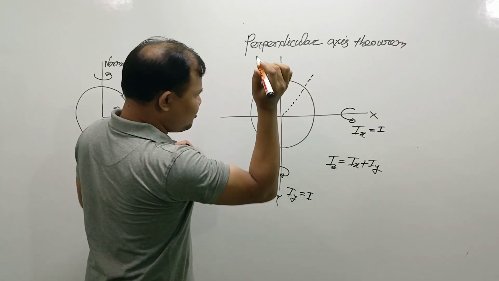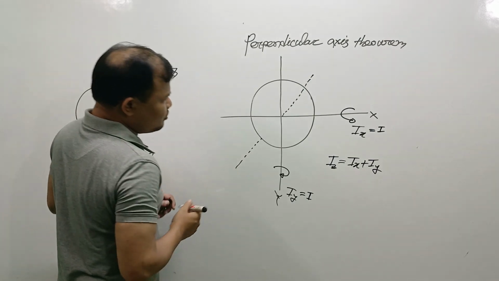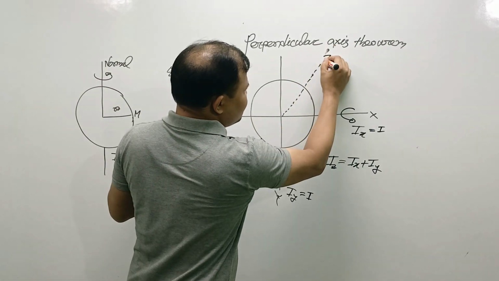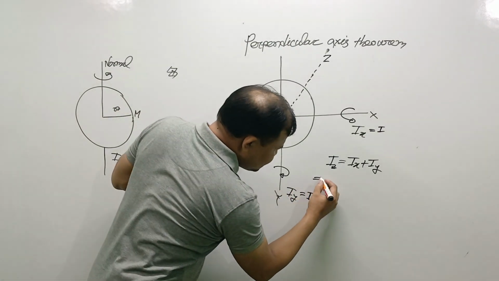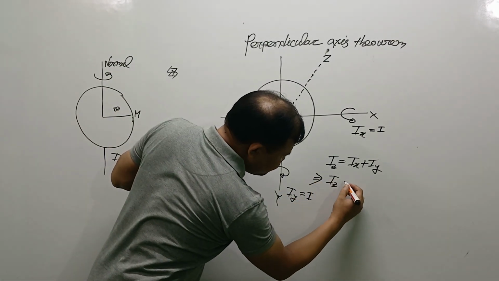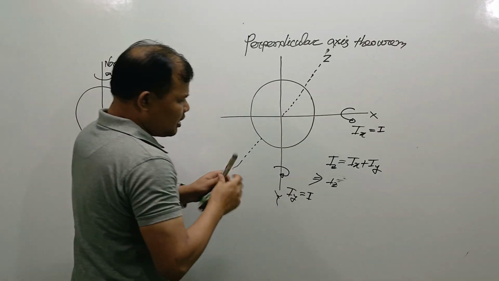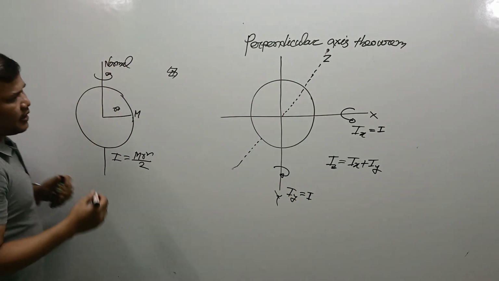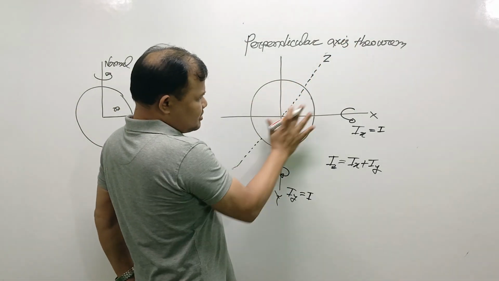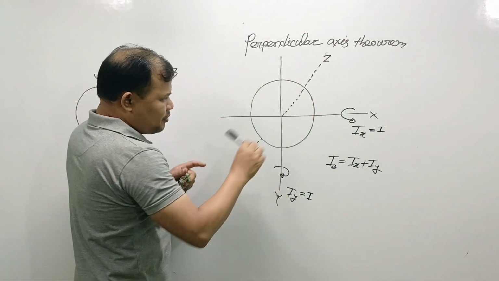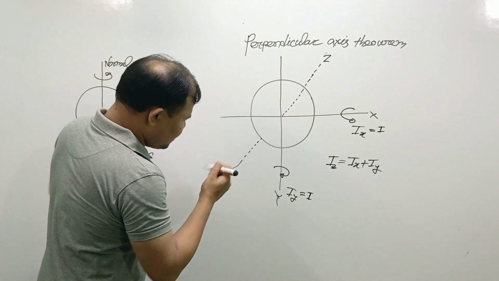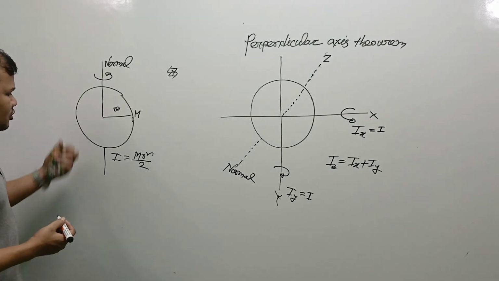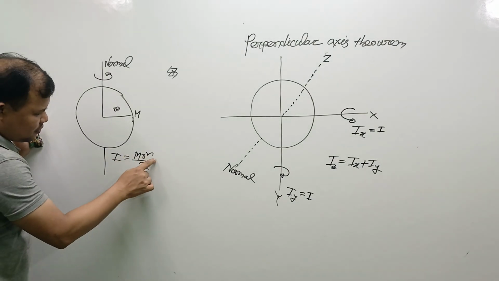One side is upward and the other is downward. So the moment of inertia about the z-axis will be, as we already learned in our first diagram, this is the normal, and here we see this is the surface and the z-axis is perpendicular to the circle. Because of that reason, the z-axis is called the normal. We already learned the moment of inertia about the normal is mr square divided by 2.